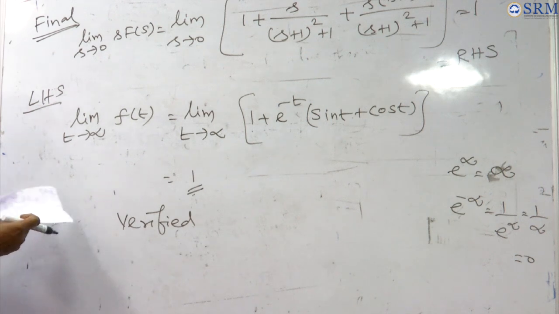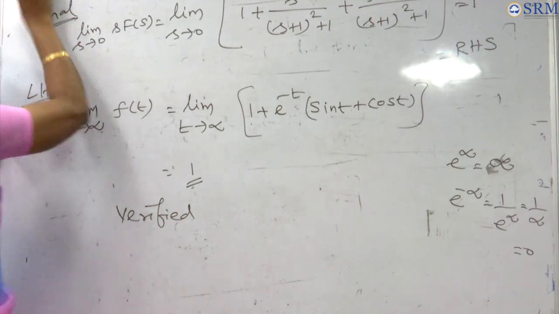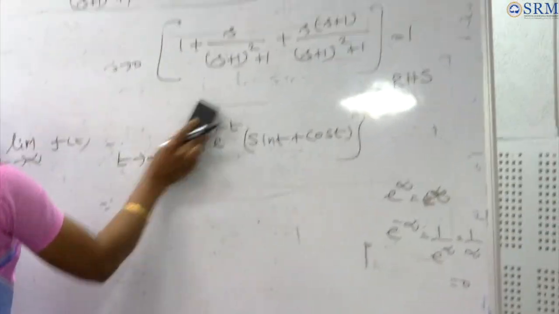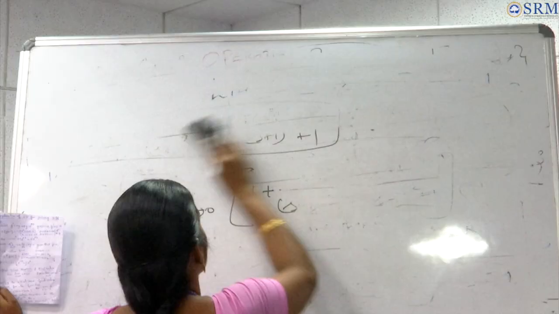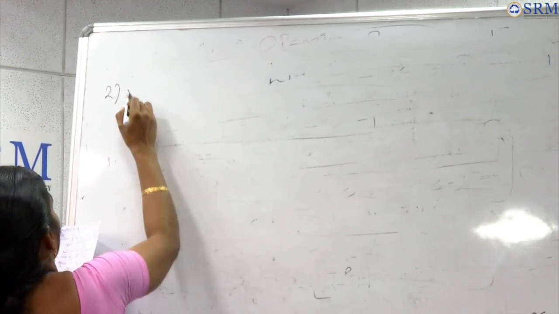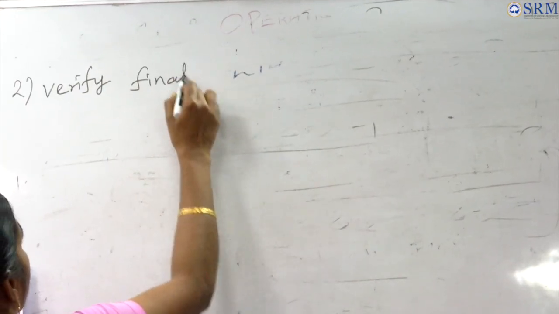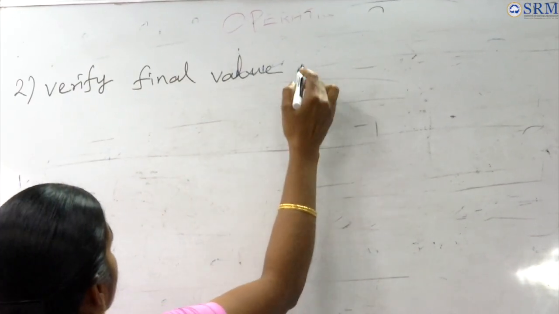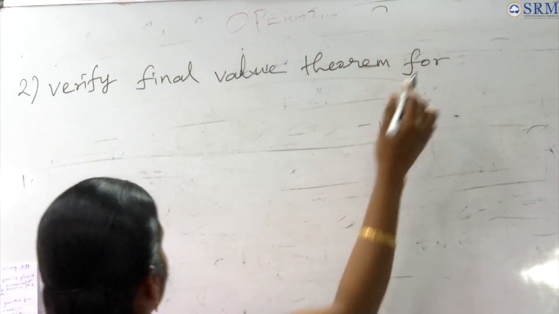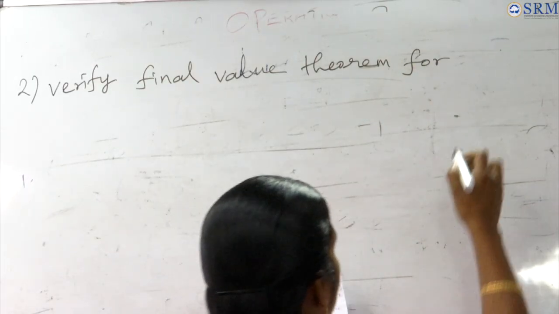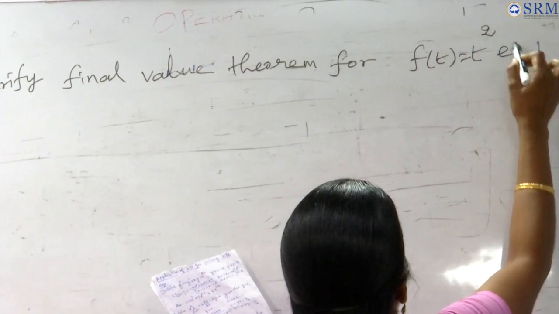So again, one more problem based on the final value theorem. The second question: verify the final value theorem for f of t is equal to t squared into e power minus 3t.